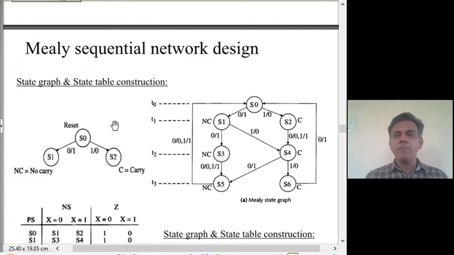Well, at the time T0, when the T0 clock period has started, the bit X0 has arrived. Now, how do you produce Z0? For that, we have to look at the value of X0. So, at the state, say S0, the input has come, X0 has come.